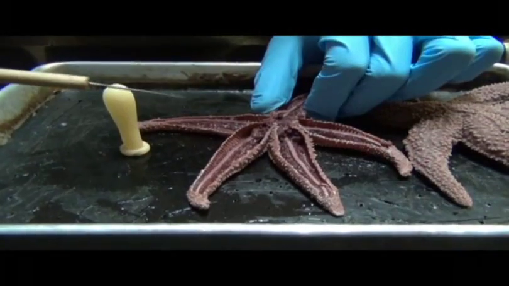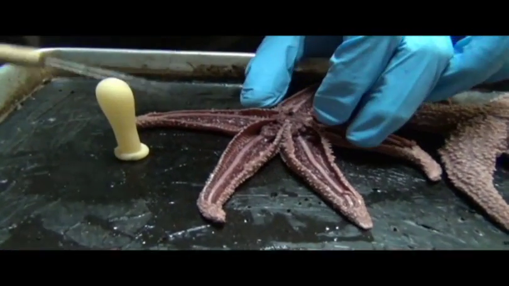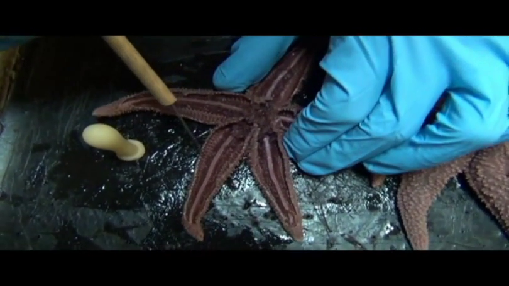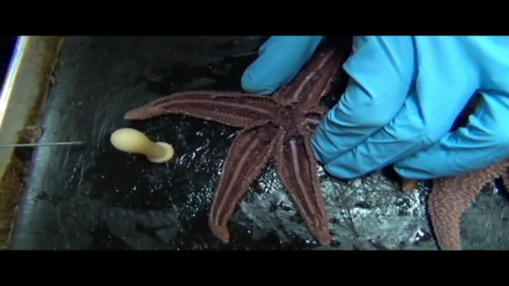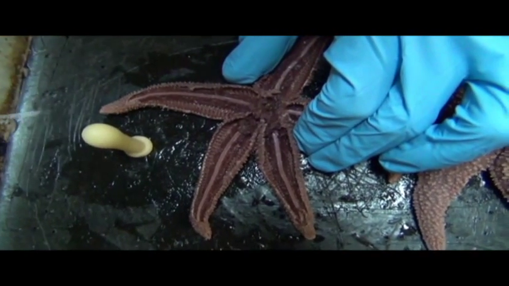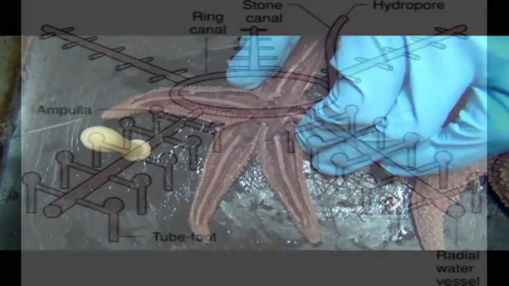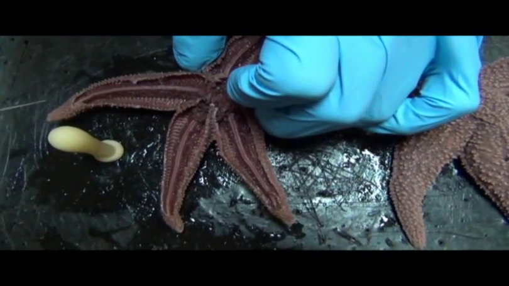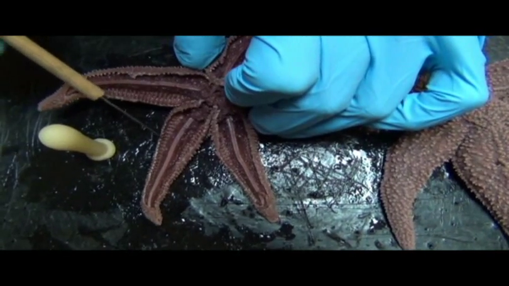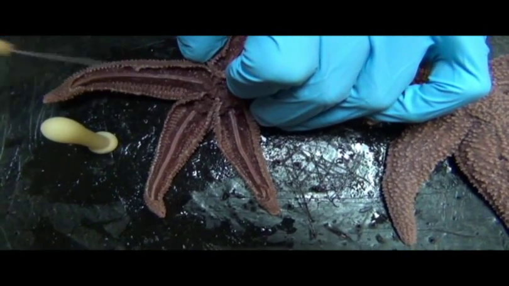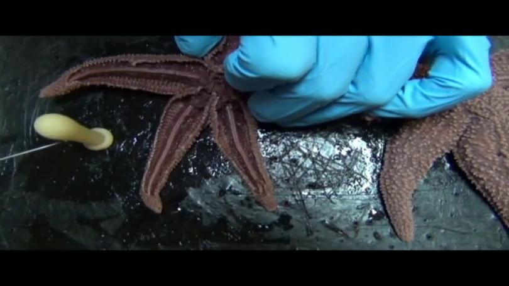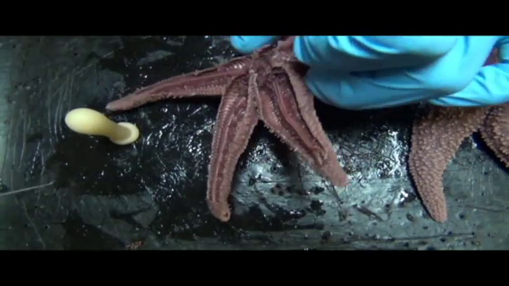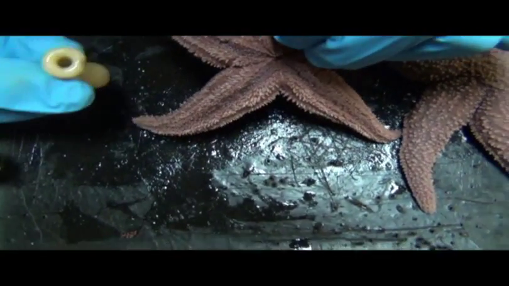So, like I said, if we were to zoom in on one individual tube foot from this angle, so if you were to come top down and look directly from this angle, what you would see are little circular things, and imagine this as being one tube foot that's magnified. If you were to follow the tube foot and go through the external structure of the animal, which would be located roughly right around here, the central part of the squeeze bulb, on the flip side, you would have the suckers.